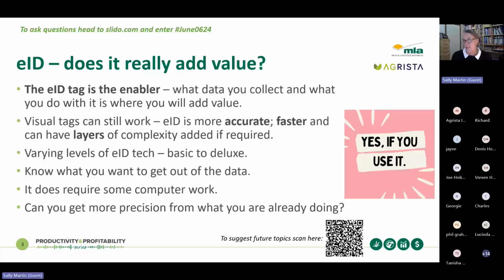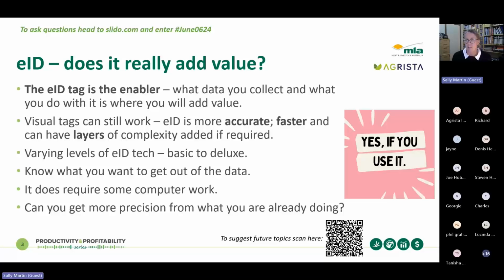So we can actually get a lot of information out of using visual tags, and they still work really well. But where you're going to get the greater benefit from electronic tags is that they will be more accurate. We've had situations where we've had people reading tags and you get numbers mixed up. And so in terms of improving that accuracy, it is faster for sure.